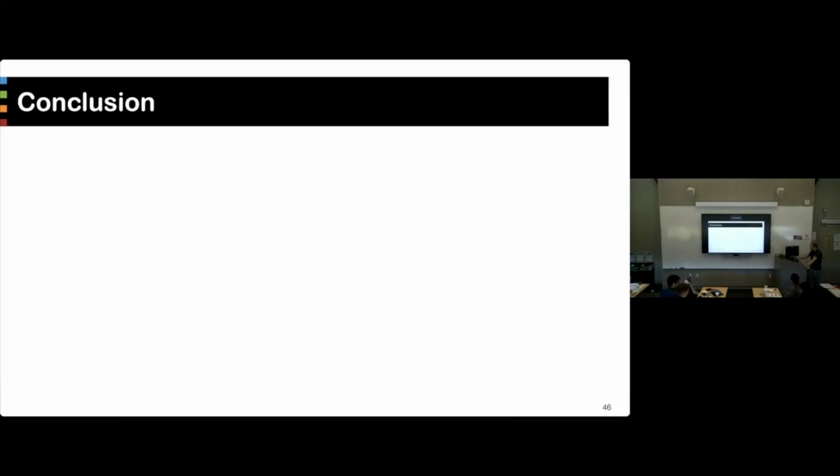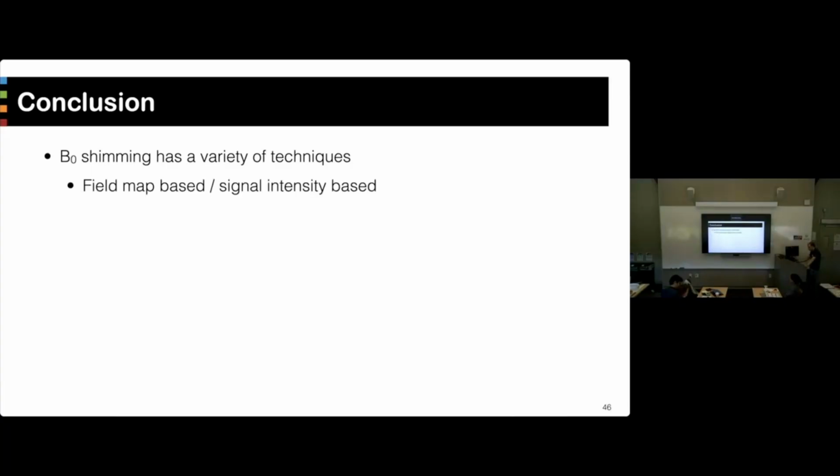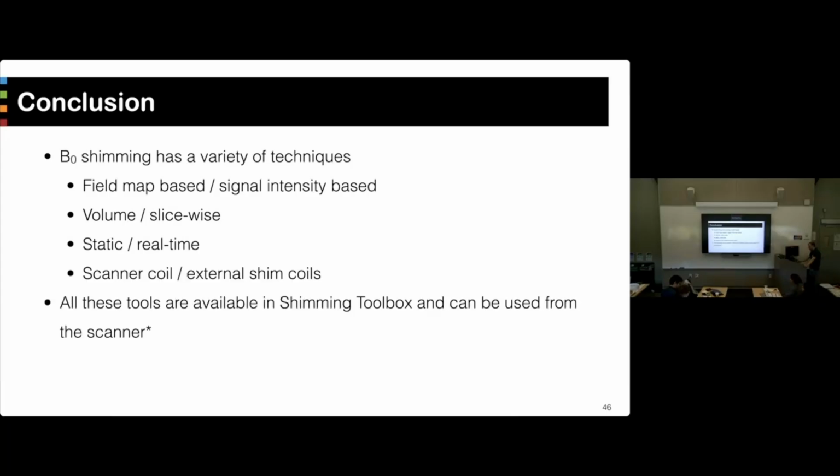So, conclusion: B0 shimming has a variety of techniques: field map based, signal intensity based, volume-wise, slice-wise, static, real time, scanner coil, external shim coils. All these tools are available in Shimming Toolbox and can be used from the scanner, with this little asterisk saying mostly on Siemens, but we're working with Philips at this point, and we're hoping GE has something similar to offer.